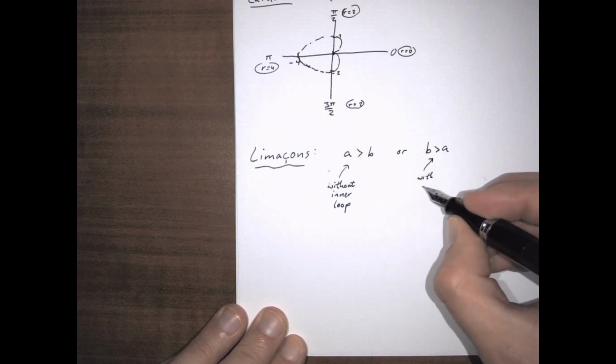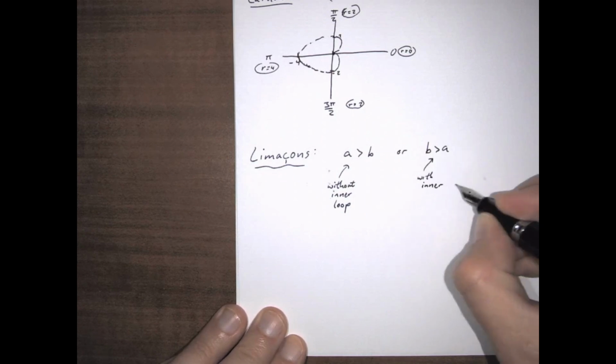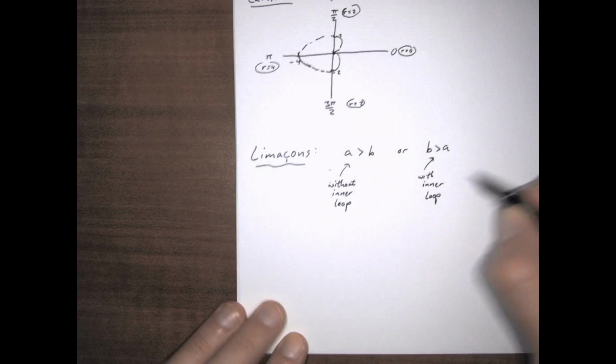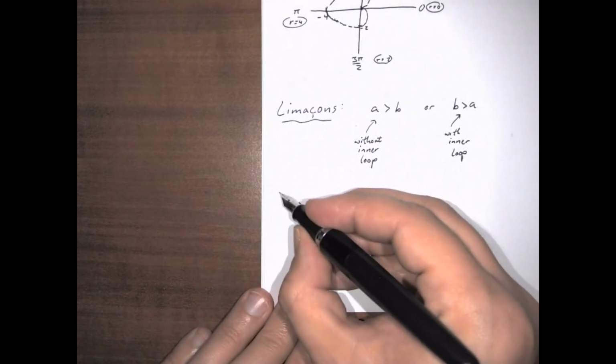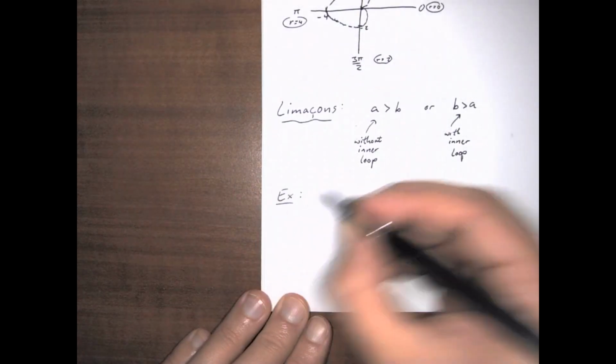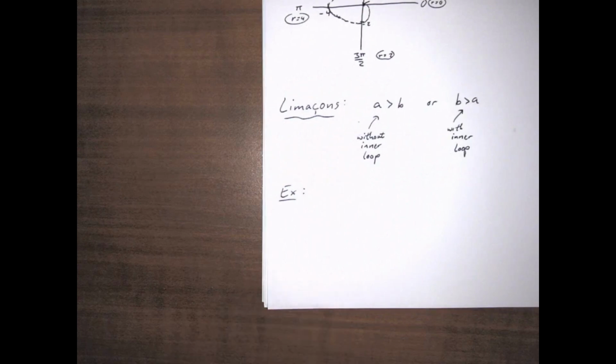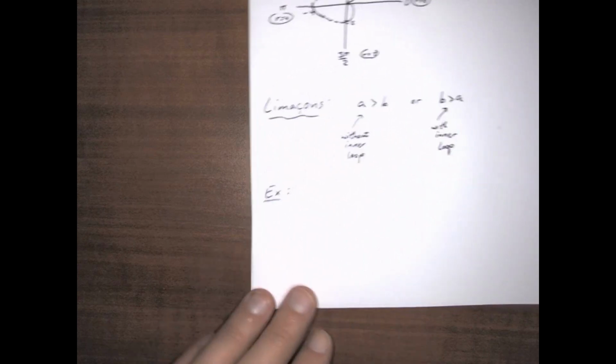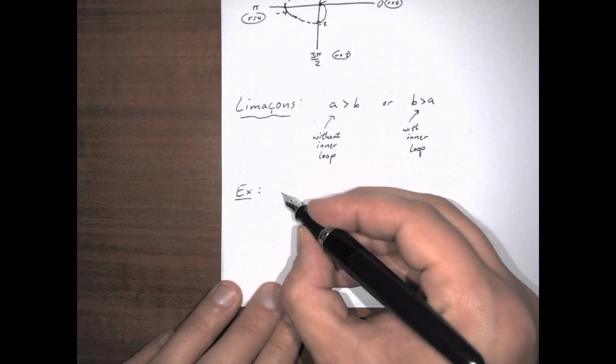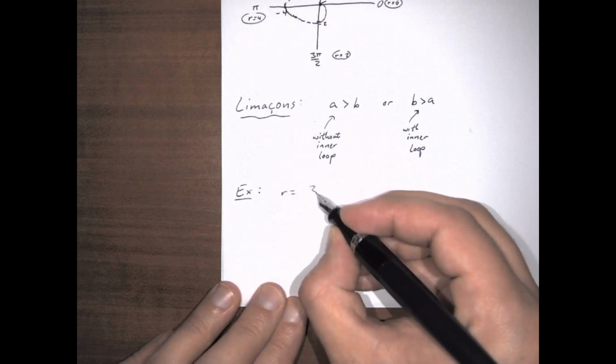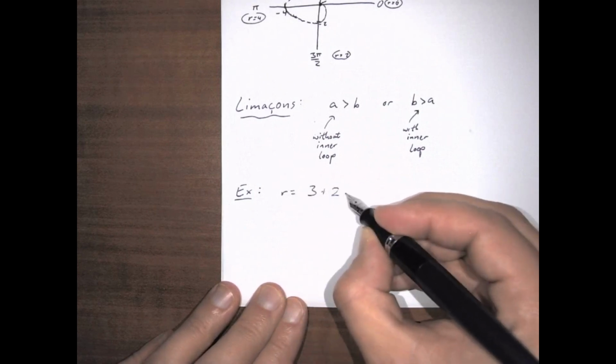You'll see what that means in a second. So let's just see two examples of that. One where a is bigger than b, and one where b is bigger than a. So a bigger than b. An example of something like that would be r equals 3 plus 2 sine theta.